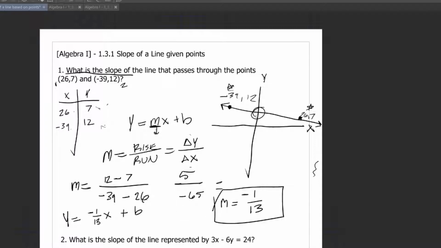Now, let's say we did, for example, 7 minus 12 over negative 39 minus 26. This top would be negative, this bottom would be negative. That would give us a positive answer.